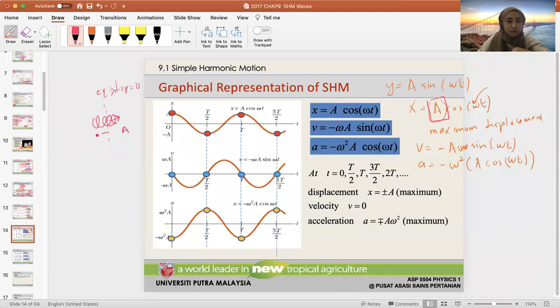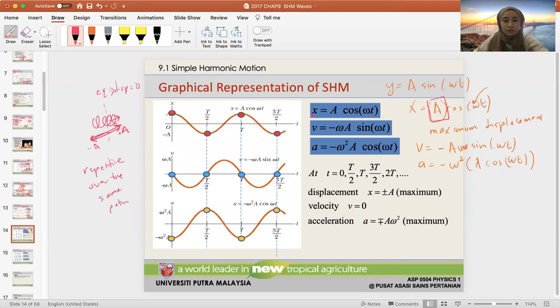It will move back and forth from positive A to negative A. Dia akan pergi ke kanan, lepas tu pergi ke kiri, because it has to be repetitive over the same path. Just imagine the spring, it goes back and forth, right? Same path. So that is the maximum displacement. Sebab tu je yang saya stretch. I stretch it by A, that is your maximum displacement.